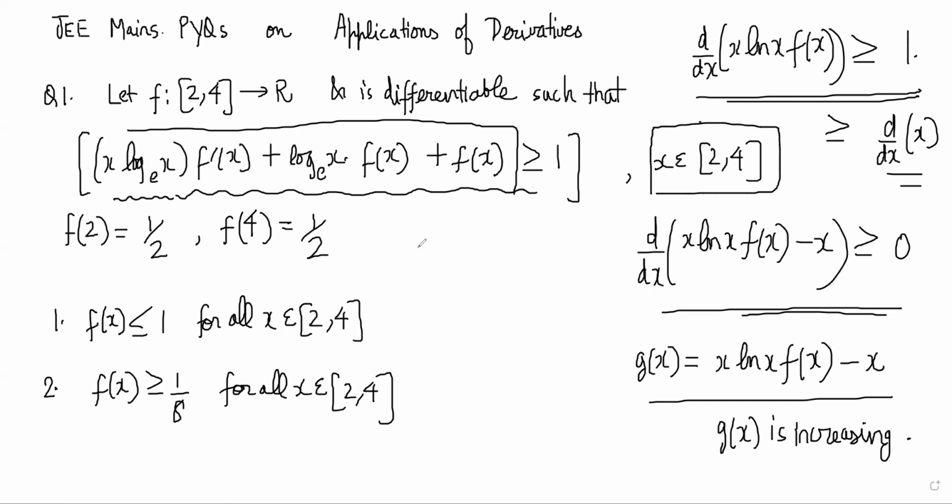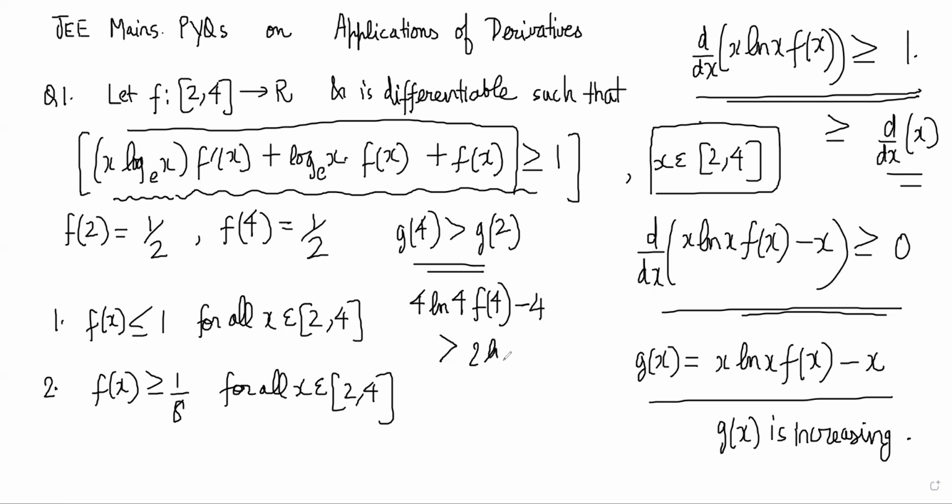Yes, sir. So we can say g(4) should be greater than g(2), right? Yes, sir. So we can say 4 ln 4 f(4) minus 4 is greater than 2 ln 2 f(2) minus 2, right? Yes, sir. f(4) is half, so this is becoming 2 ln 4.